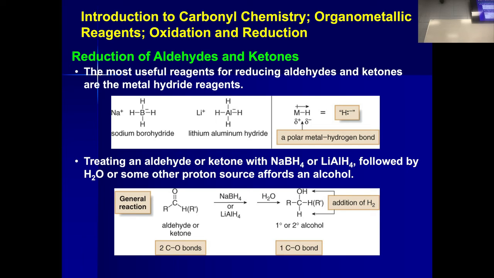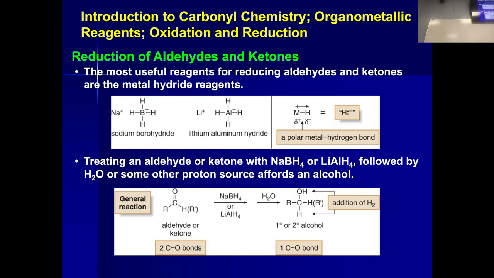What have we added across the carbon-oxygen double bond here? H2. So you might think, well, all I need is H2 gas and palladium or platinum, and I could do that reaction. And you would be right. The problem is that this reaction requires high pressures of hydrogen. It typically doesn't work very well with low pressure. So you typically have to put a lot of hydrogen gas in, pressurize it for this to work. And people typically don't like working with gases if they don't have to.